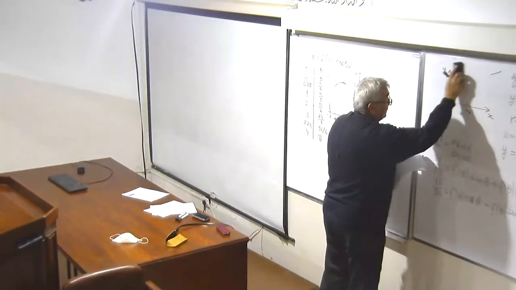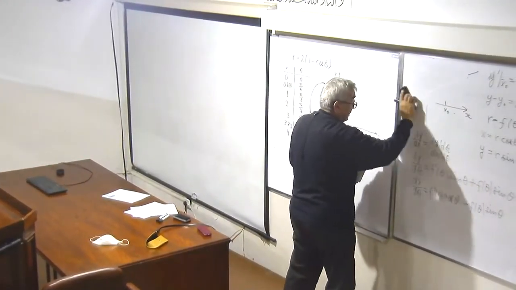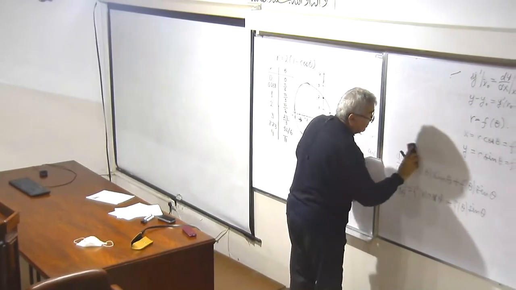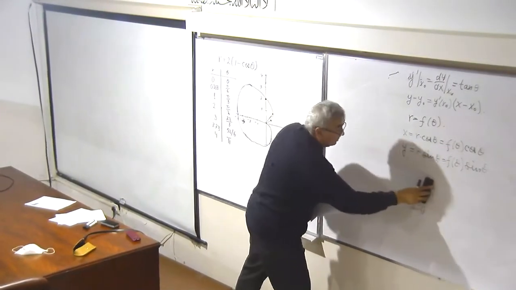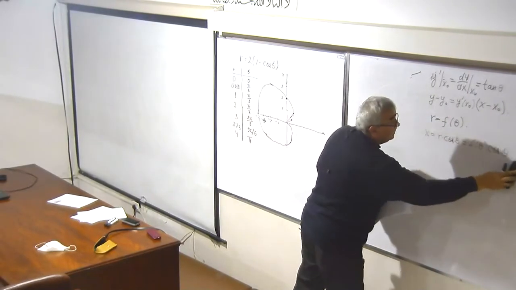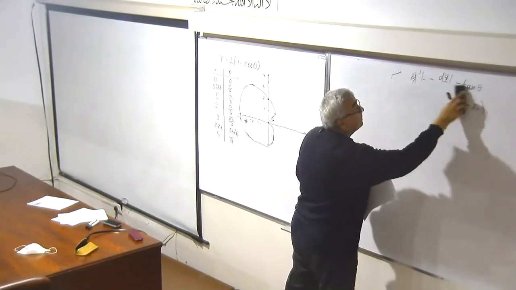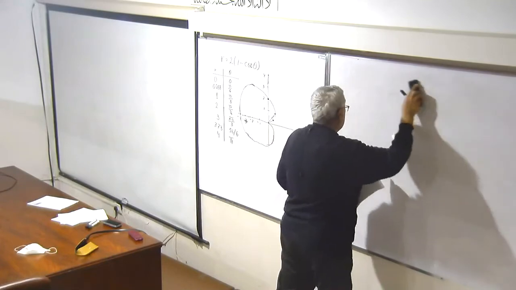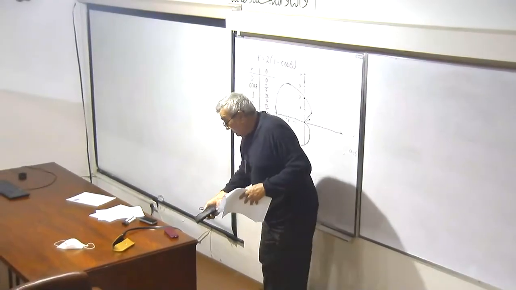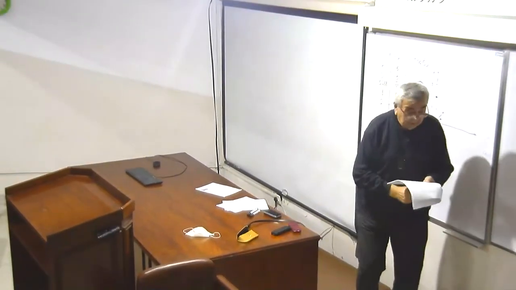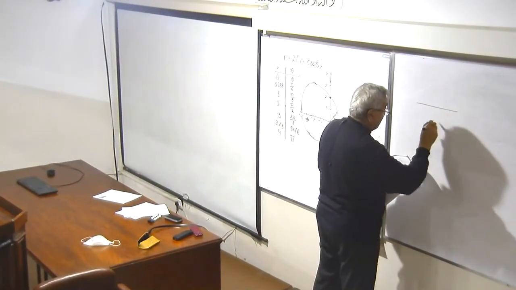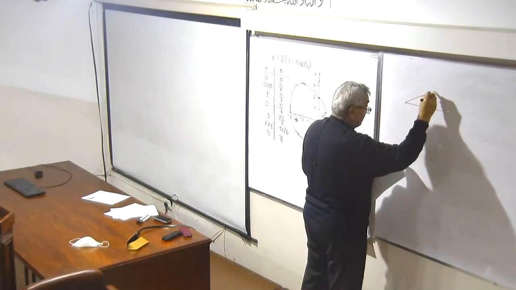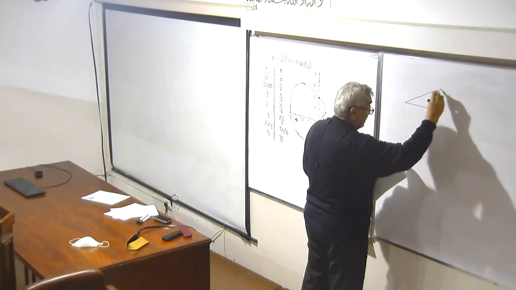Again, initially I will remind you how we will find the area which is enclosed between two radii, divided by some angle. You see, I have this r, and this is the same distance. Here is the arc.